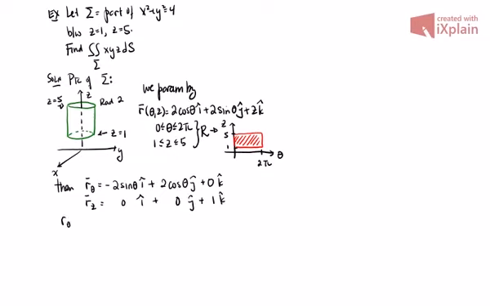Do the cross product. If we hide the i's and take the determinant, we get 2 cosine theta i. If we hide the j's, do the cross product, we get a minus and a minus here, so plus 2 sine theta j. And then 0k, because for the k's we get 0 minus 0. Take the magnitude.